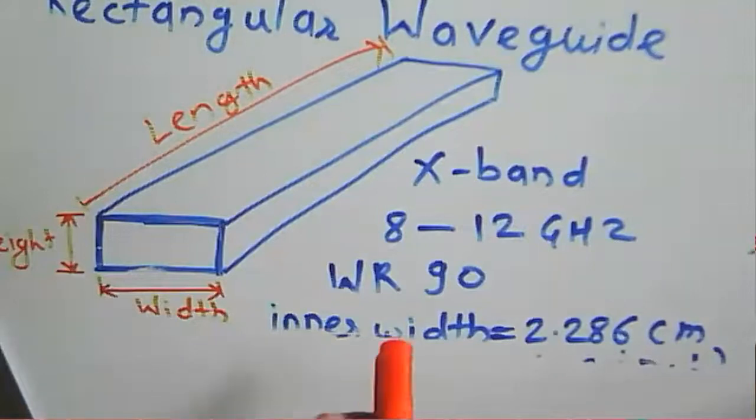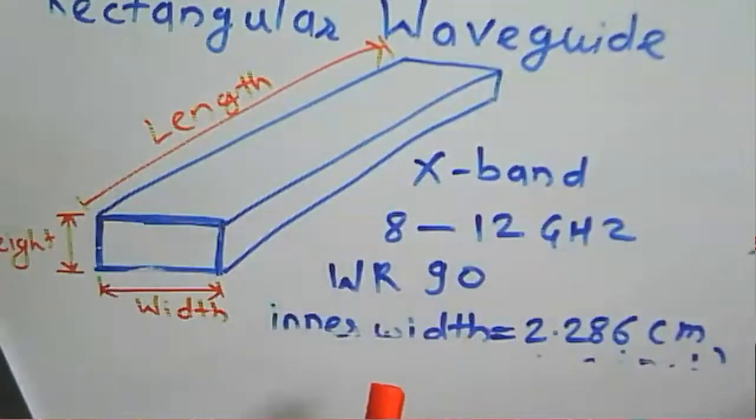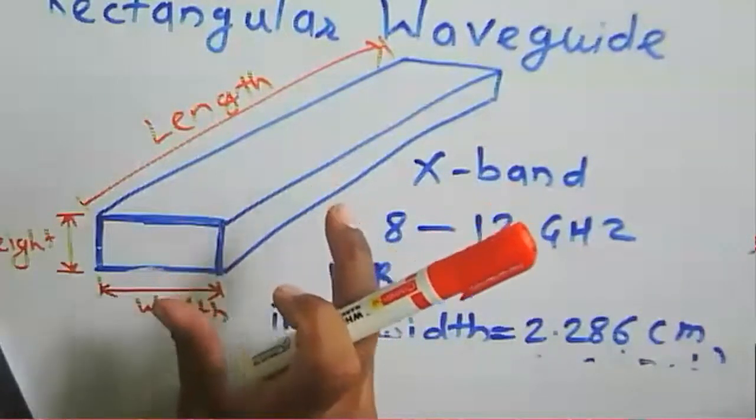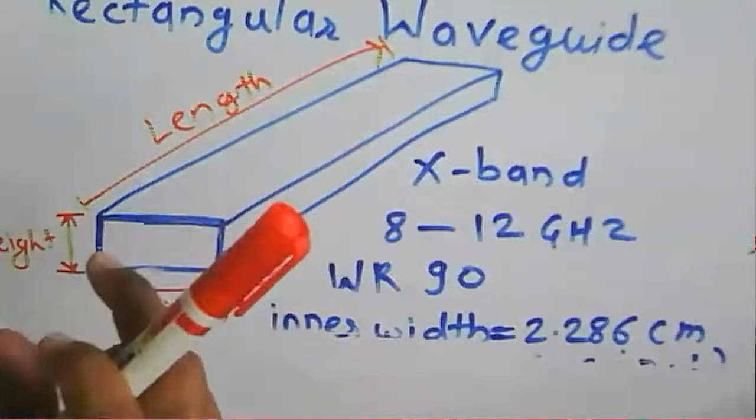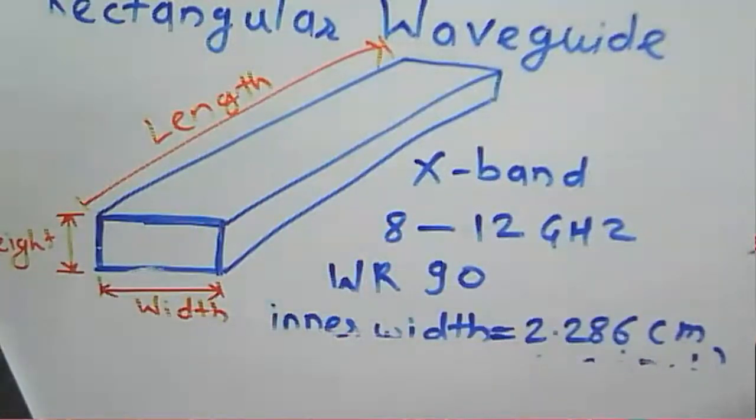Generally it is about the X band of operation, that is 8 to 12 gigahertz of frequency. Every waveguide has a fixed cutoff frequency for a given particular mode. We will talk in detail about TE modes and TM modes of propagation.